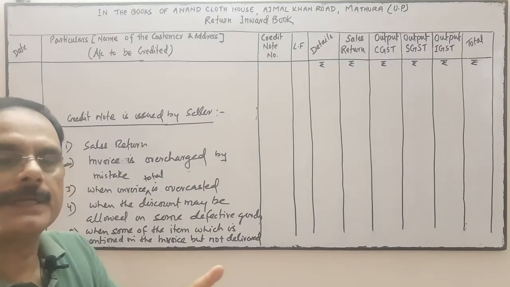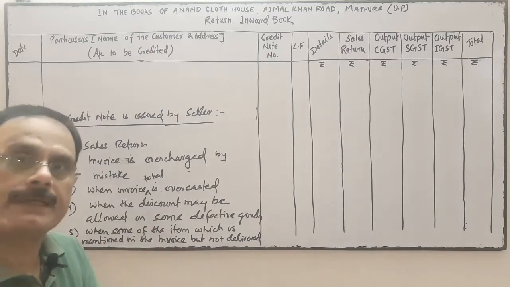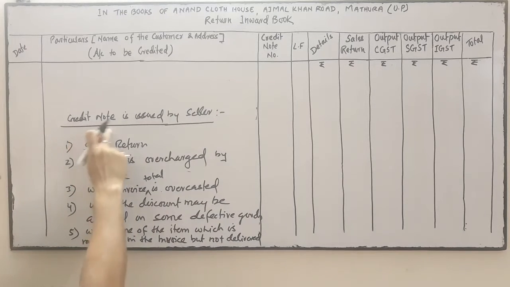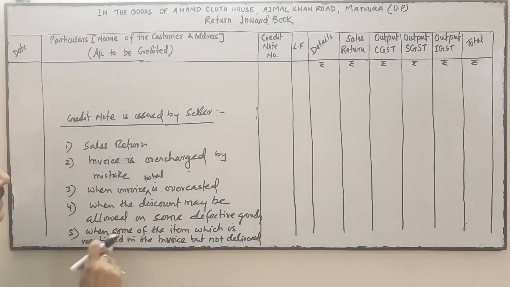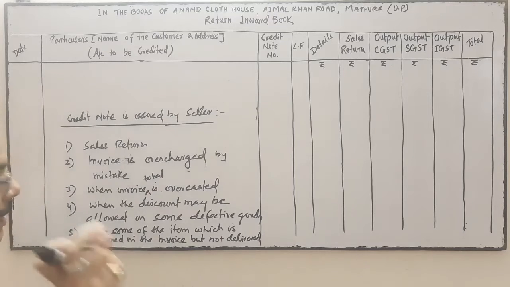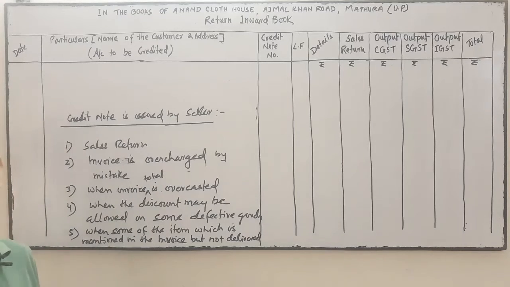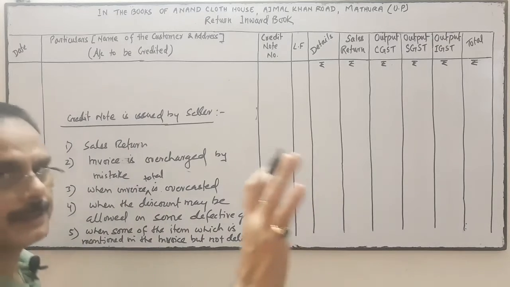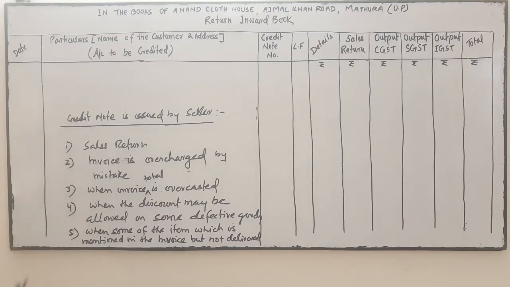It is in the bill, but that item was not sent. In those circumstances also the credit note is issued. So these are the cases when credit notes are issued.